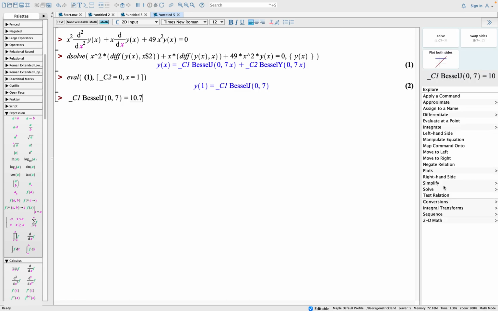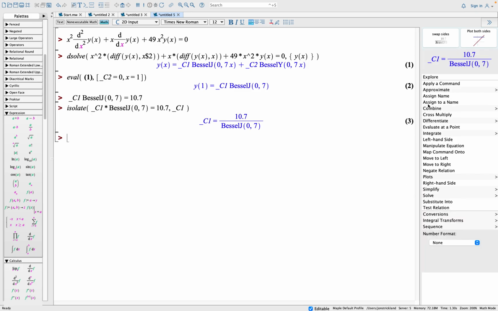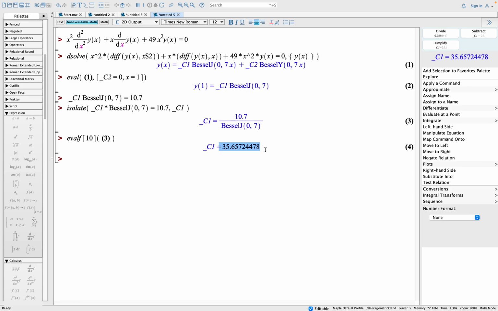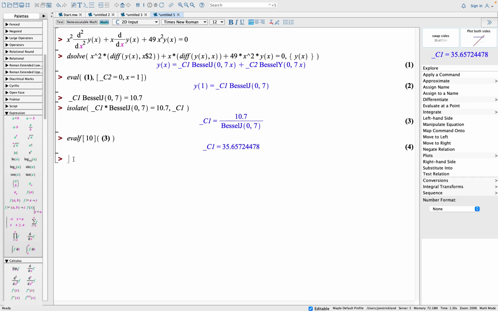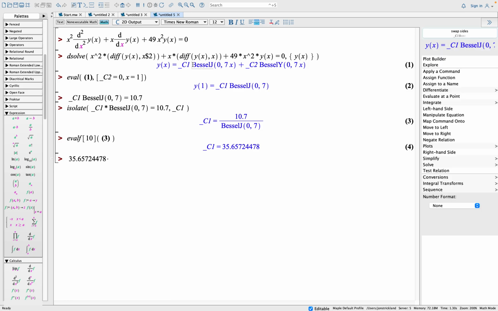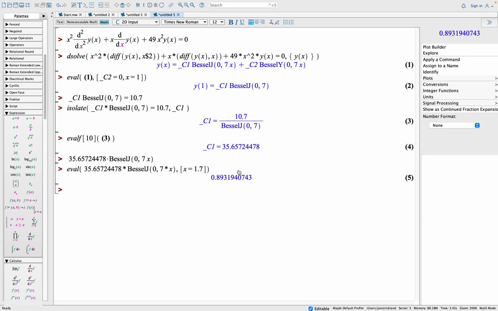Looking at solving for C of 1, we approximately have 35.657, and if I just copy this and multiply by the Bessel of the first kind, now we have evaluating at a point, and this time we have x at 1.7, so we have 0.893.